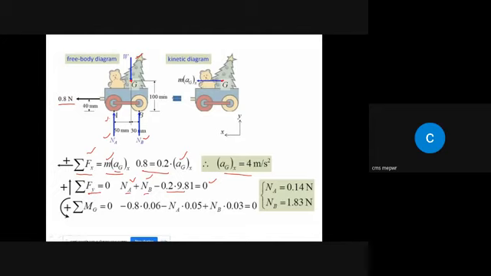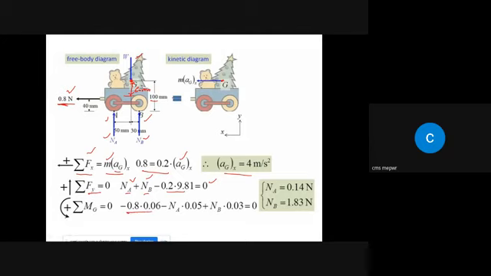Each force will have a moment about this point. The applied force has a moment about point G equal to 0.8 multiplied by the perpendicular distance. This perpendicular distance is 100 minus 40, which is 60 mm divided by 1000.